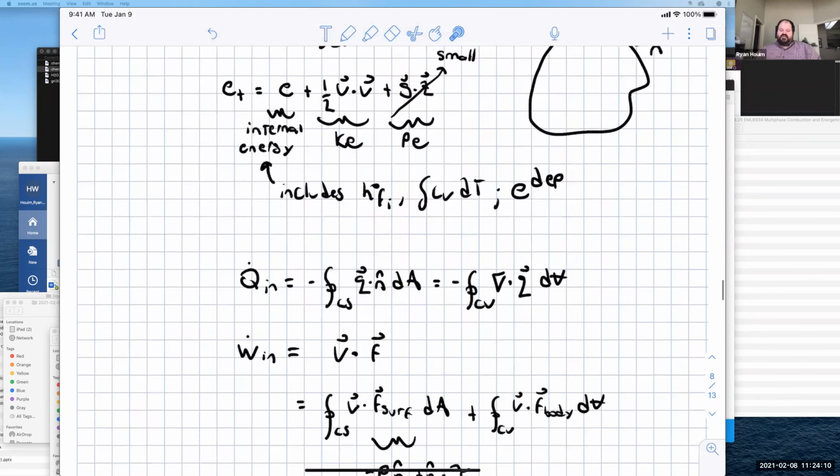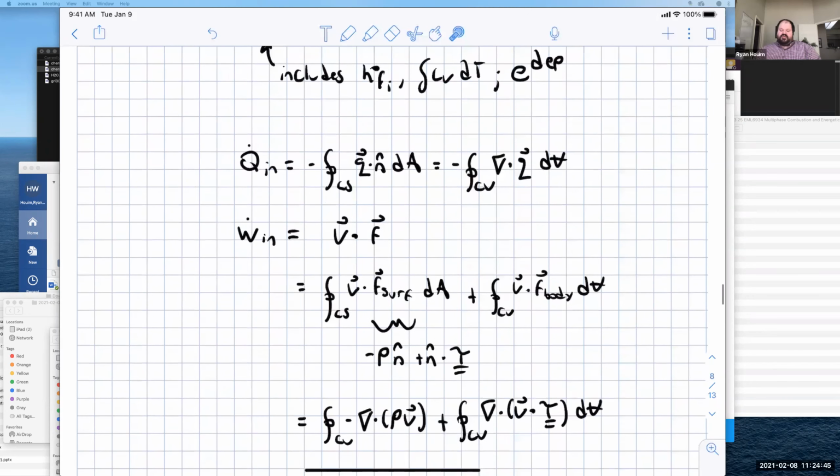Again, we can apply the divergence theorem to this term, and we get minus the volume integral of the divergence of the heat flux vector. The heat flux vector for a reacting flow is much more complex than the one you dealt with in heat transfer, because in addition to the heat conduction term, we have heat transfer due to species mass diffusion, and also a heat flux due to the Dufour effect, which is normally neglected, but not always.